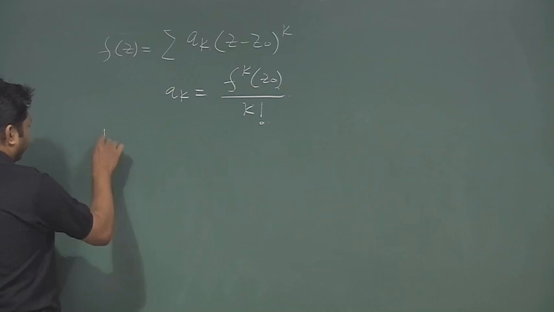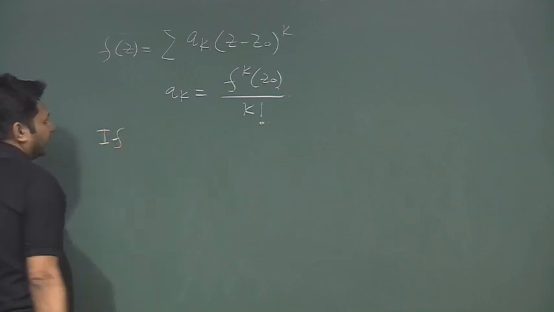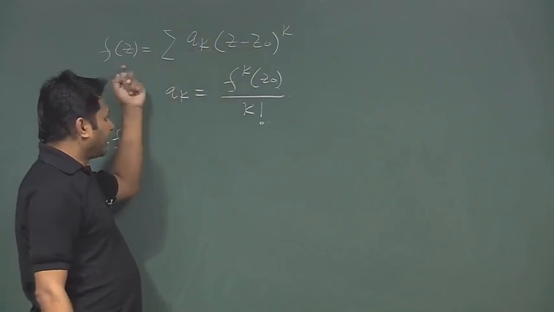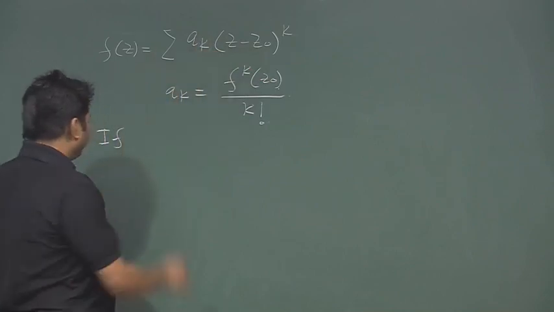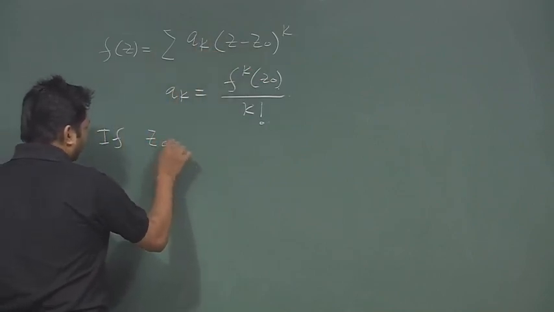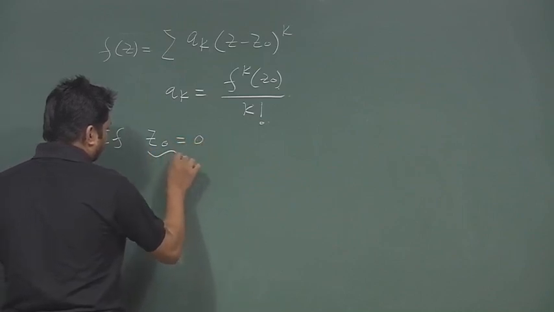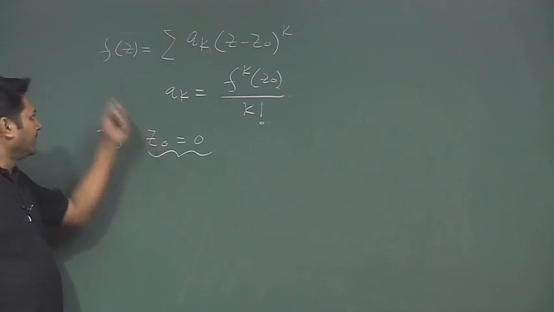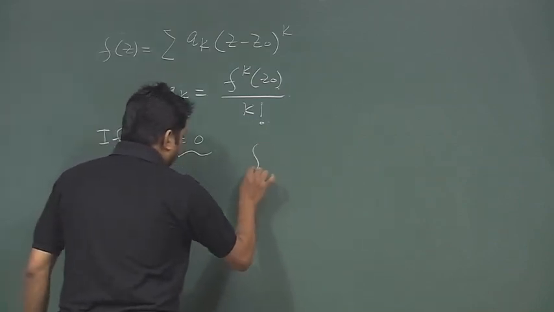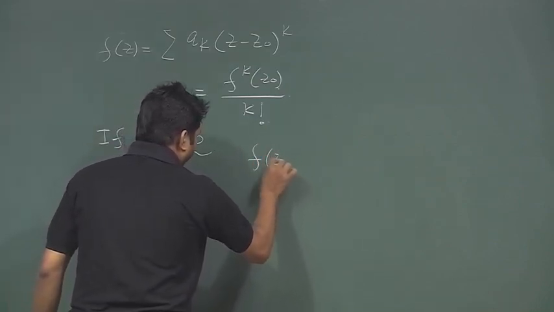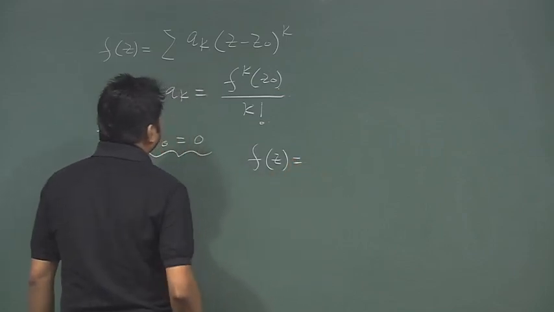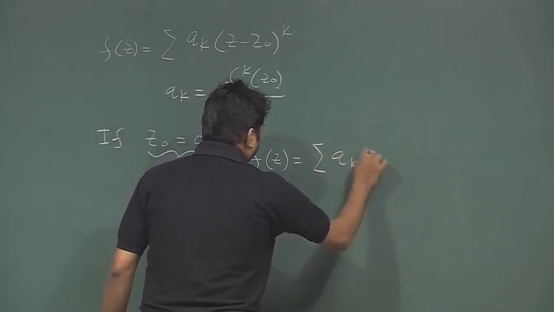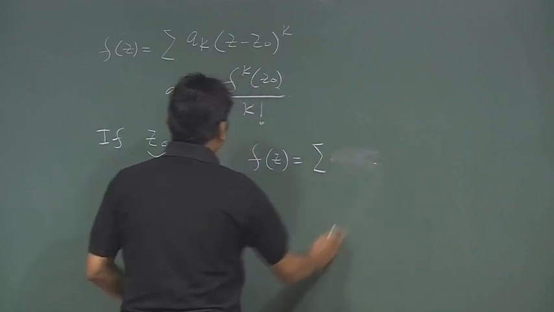Now, z0 is a point around which I try to expand my function. If this point z0 is equal to 0, this function is now represented like a_k, let me write total.